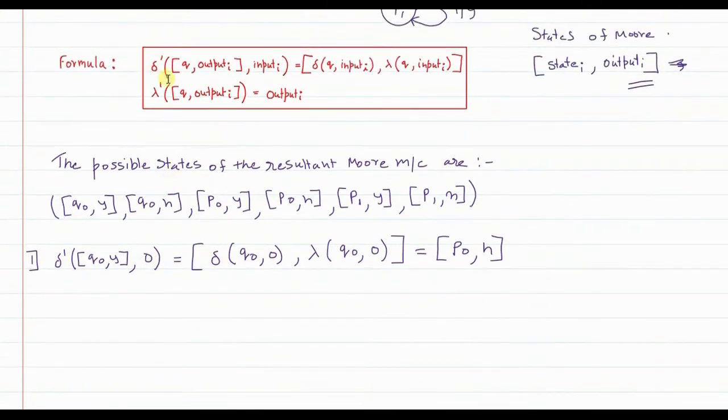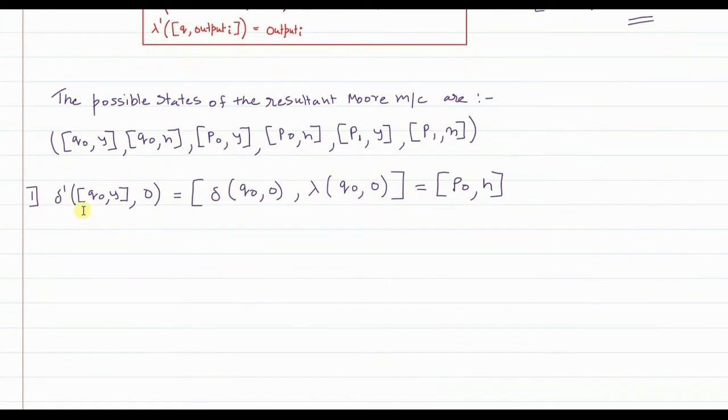Now we'll use the second formula, lambda dash, for the same state comma output. So what is lambda dash of the state Q0 comma y?